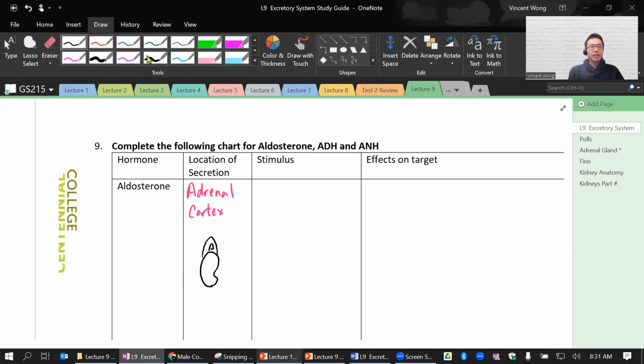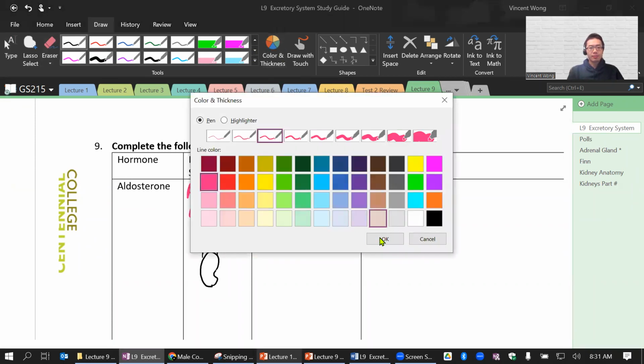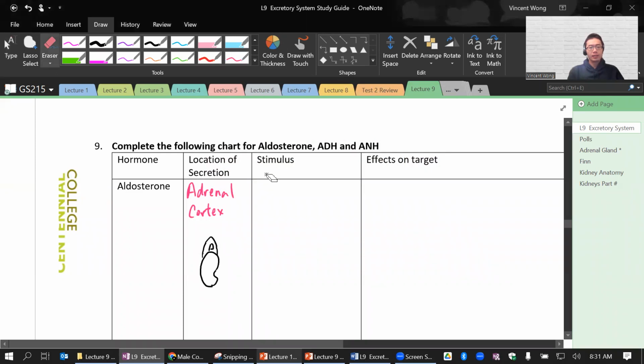All right. Now, the stimulus, the trigger for releasing aldosterone, is going to be low blood pressure. Low blood pressure. And we know the low blood pressure is going to eventually trigger RAS, the renin-angiotensin-aldosterone system, right?